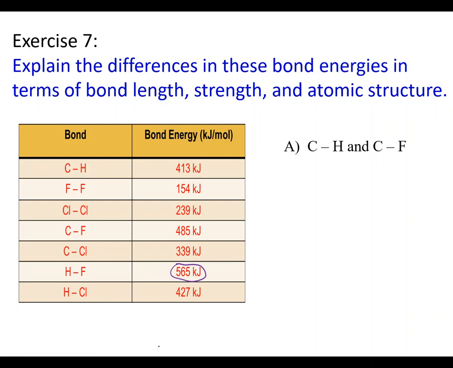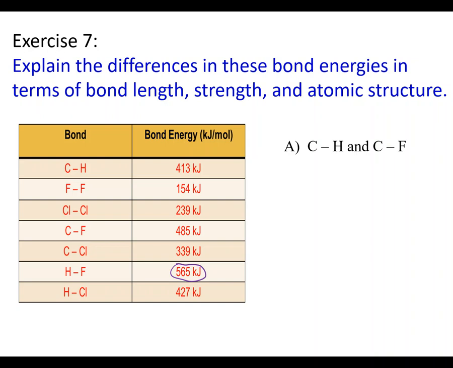That tells us it is definitely the strongest out of all of these. And they're all single bonds here. HF actually is quite a high value for a single bond energy. Usually they're not into the 500s.